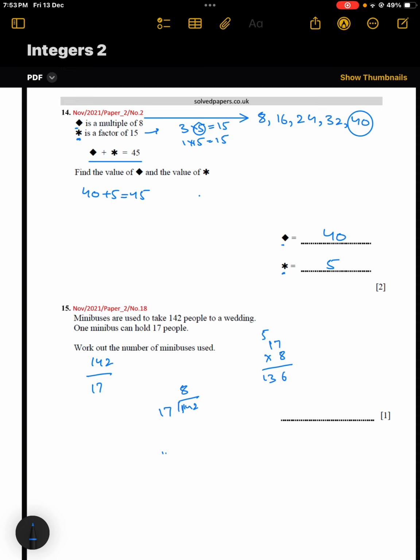So 17 times 8 is 136. Now the leftover will be, we will have 6 people remaining. So I got the idea of this, that we will use 8 buses that will be completely filled by 17.